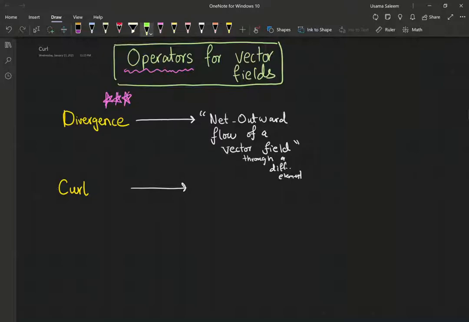We talked about divergence, right? We tried to translate this del dot operation.